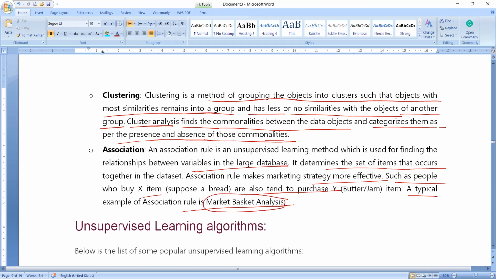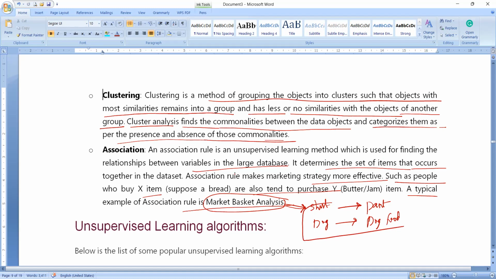See, if we purchase a shirt, then associatedly we should also purchase pants. If we purchase a dog, we should purchase dog food. Like this, there is a relationship.